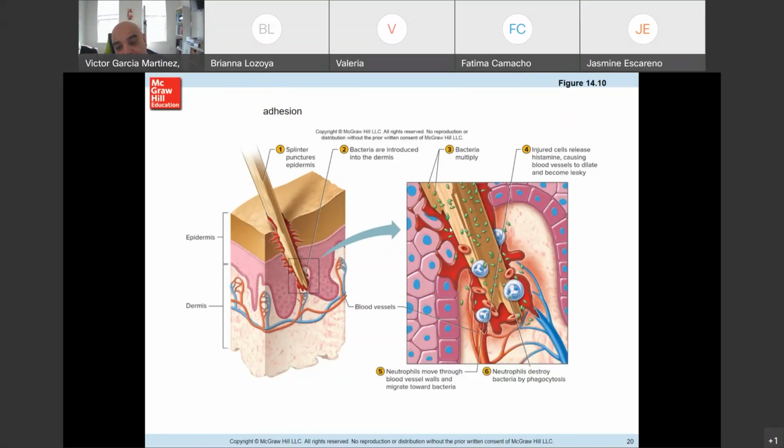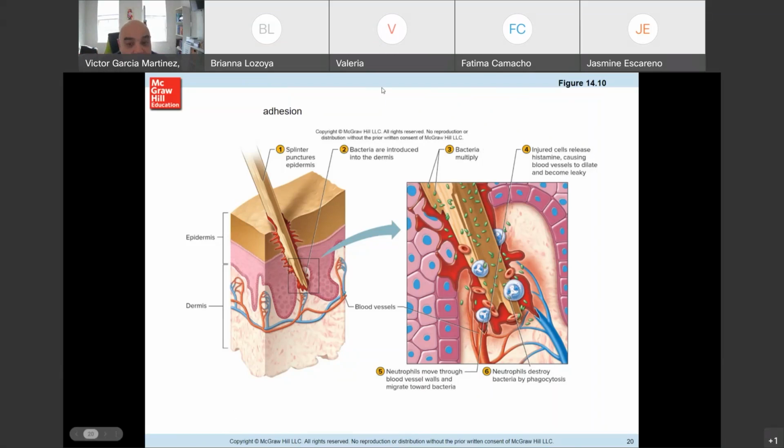They're going to be growing around the wound. Then we need more defenses against that infection. Then we're going to have in your cells losing histamine and increasing the permeability of the blood vessels in order to become leaky.